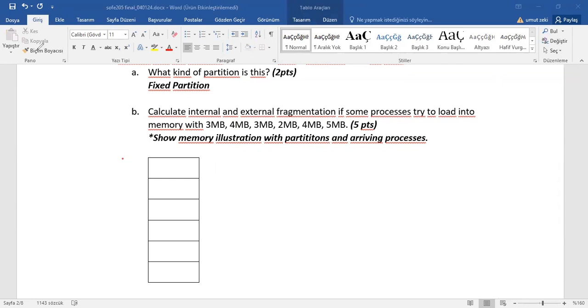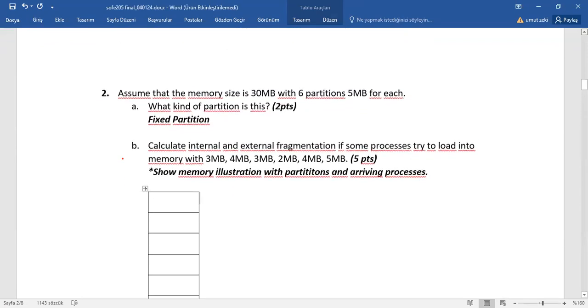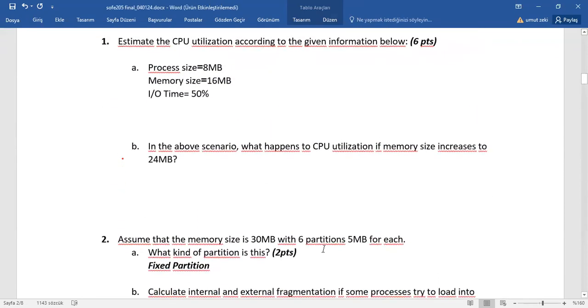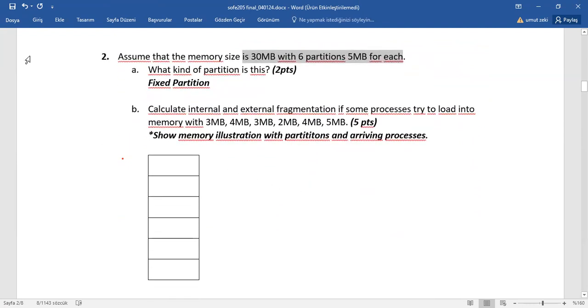Because the question says 30 megabytes with 6 partitions. So each of them is 5 megabytes.